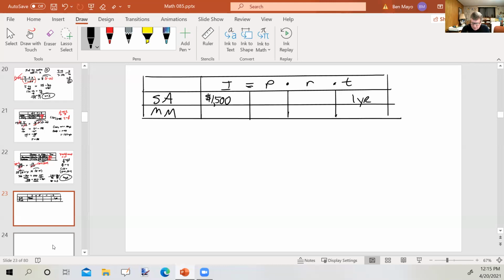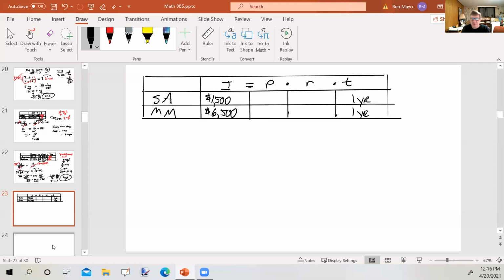That same amount of money invested in a mini mall development will earn $6,500 interest in 1 year. So the time is a year, the mini mall's interest is $6,500.